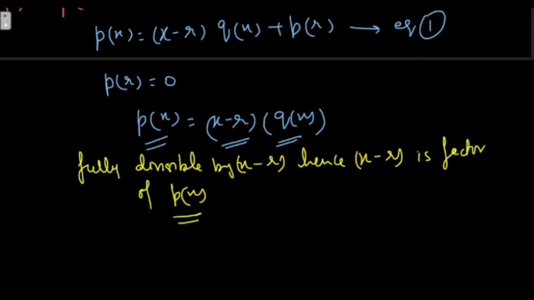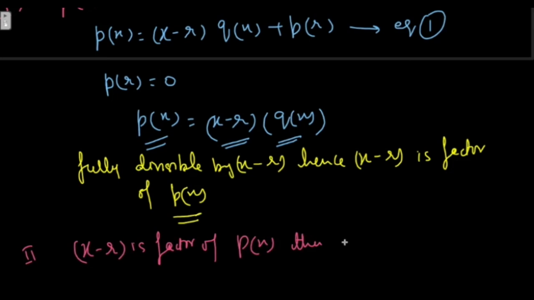Now in the second case, we have to assume that x minus r is a factor of p of x, and when x minus r is a factor of p of x, then what we have to prove is p of r is equal to 0. That is, r is the 0 of the polynomial.